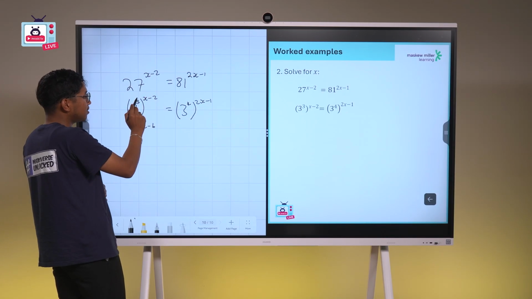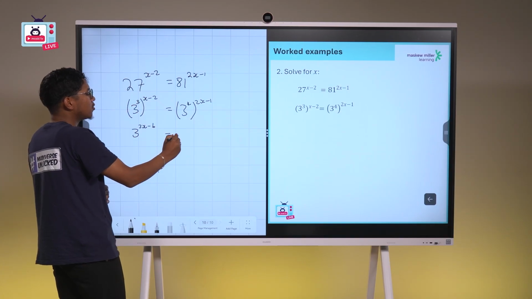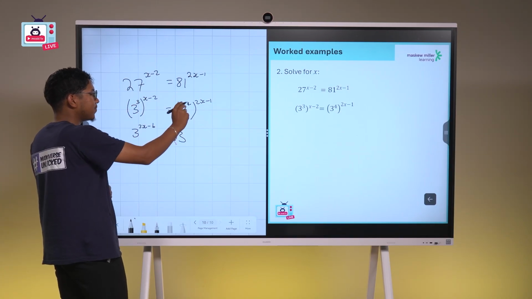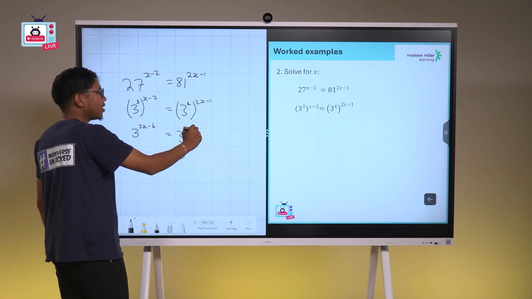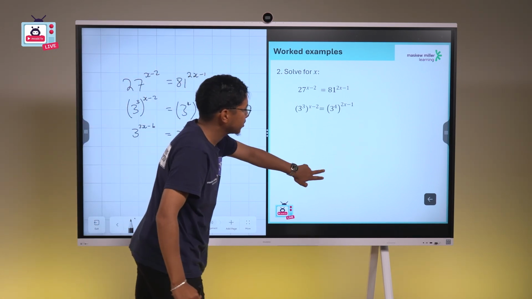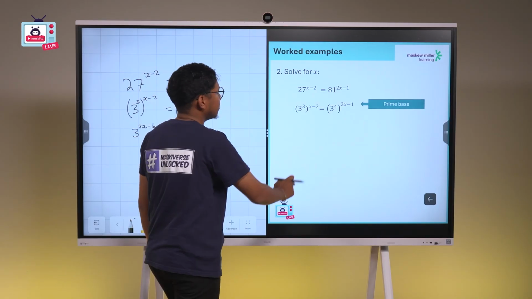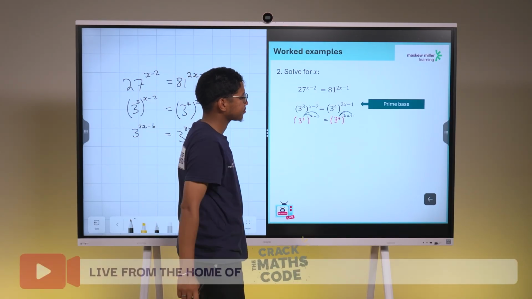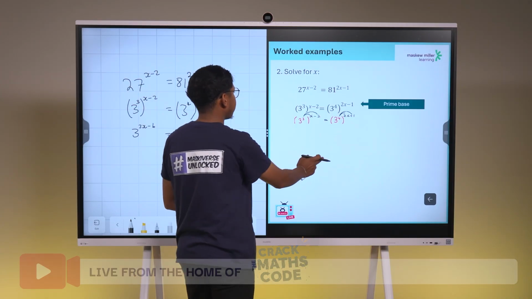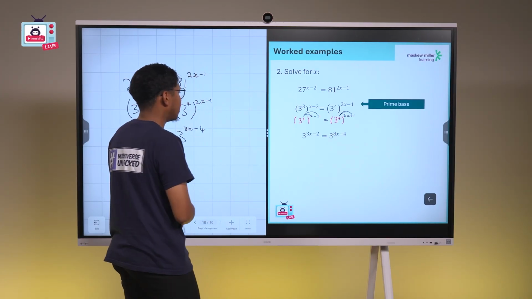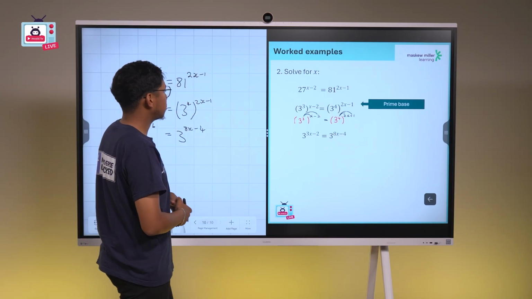Don't forget, I need to multiply the 3 by both. Equals. I put this number 3 down. So 4 times 2x is 8x. 4 times minus 1 is minus 4. That's how I got that step. The next step is my prime base, and there I'm writing it where I'm multiplying my prime bases. And that is how we got to that solution over there.